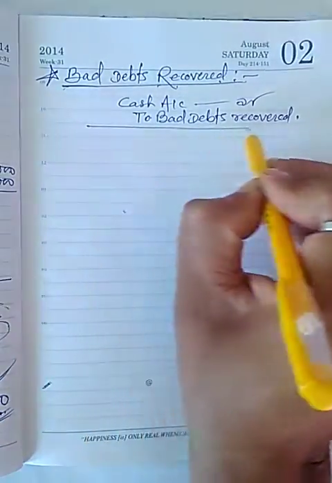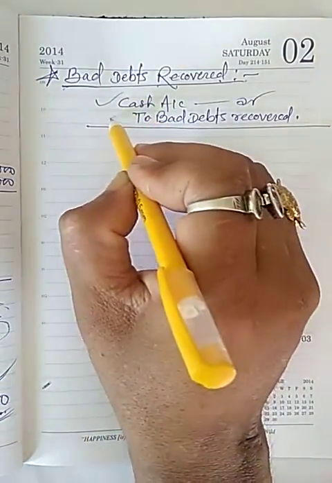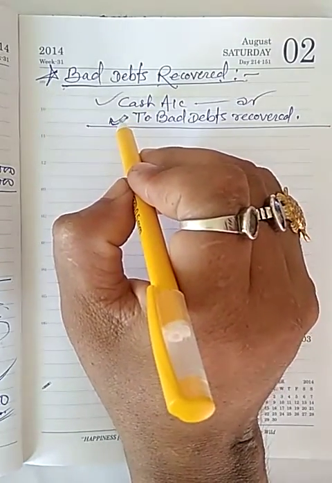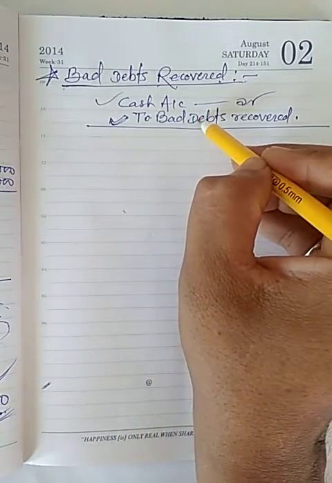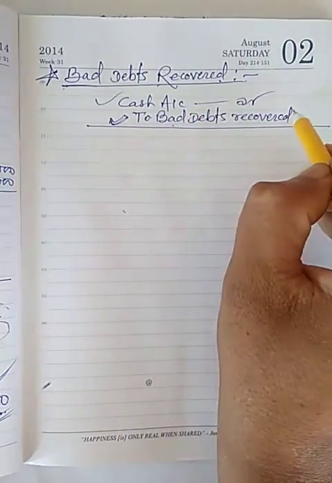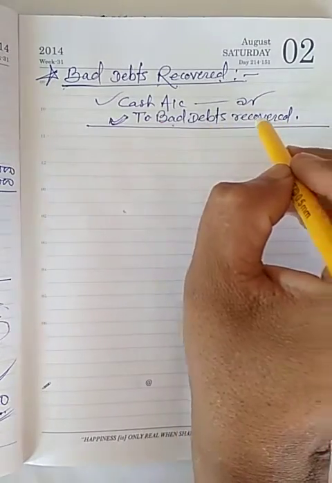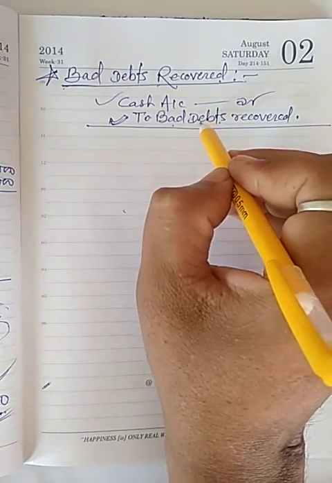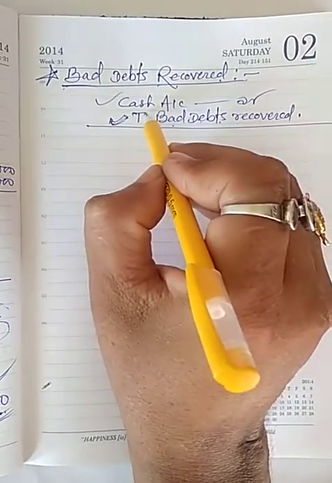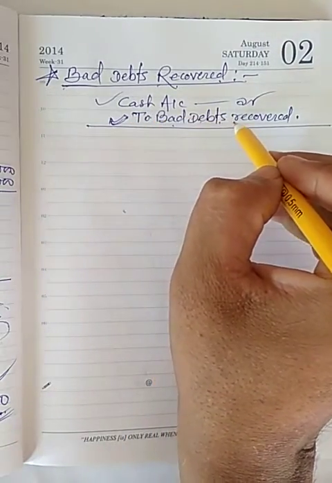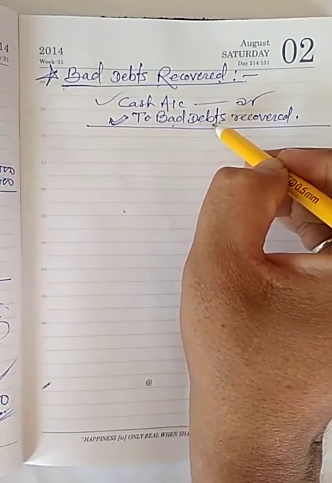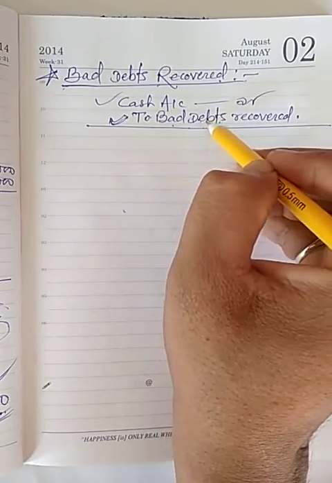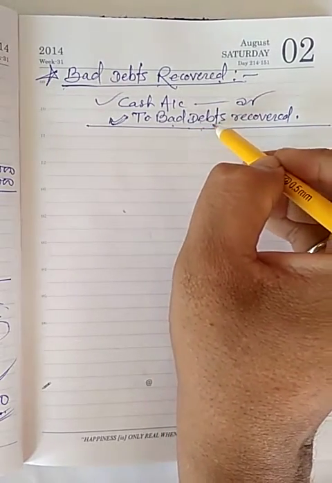So the journal entry will be cash account DR to bad debt recovered account. In this connection, the personal account of the customer will not be credited because the customer's name has been credited in the previous part when the bad debt was written off.